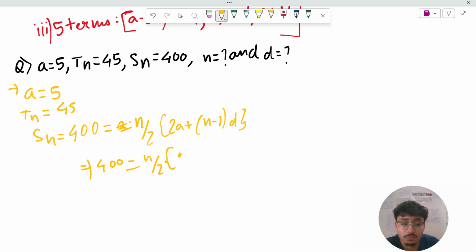Now what I can do is write 400 as n by 2 into a plus l, as I have derived it. So this can be written as 400 equals n by 2 into a plus tn.